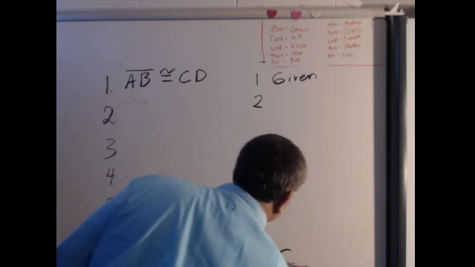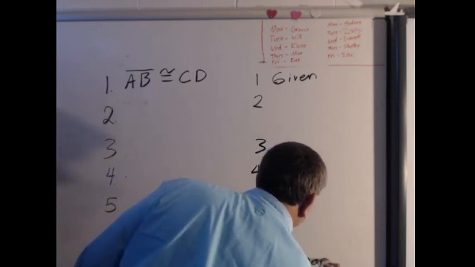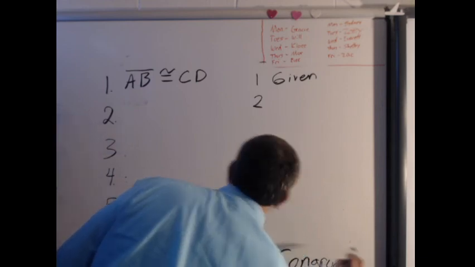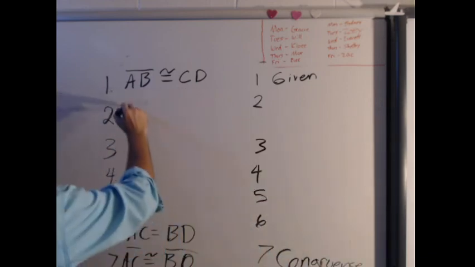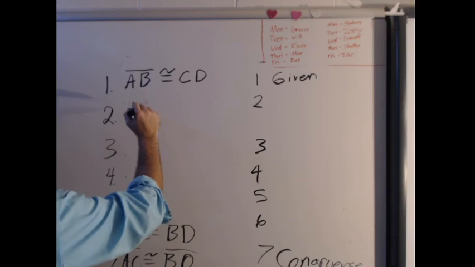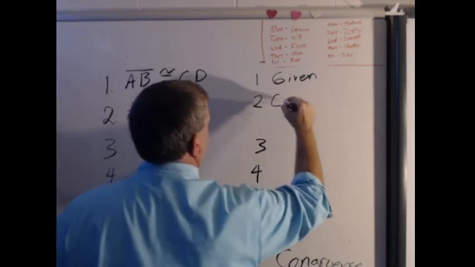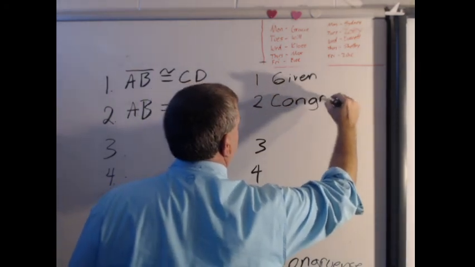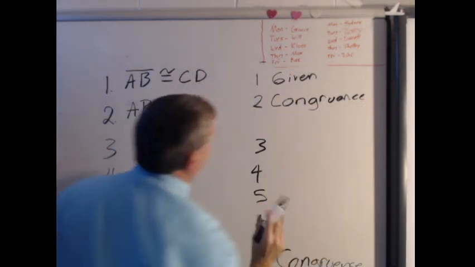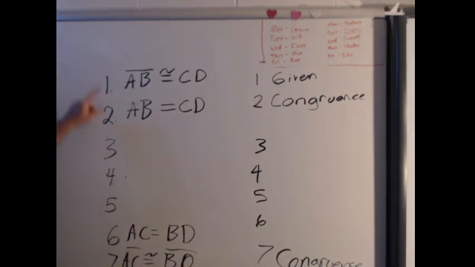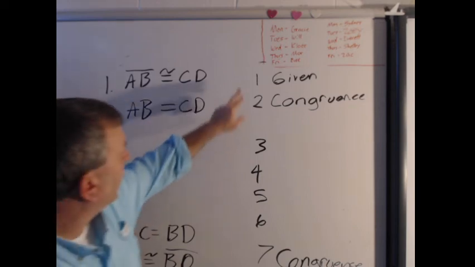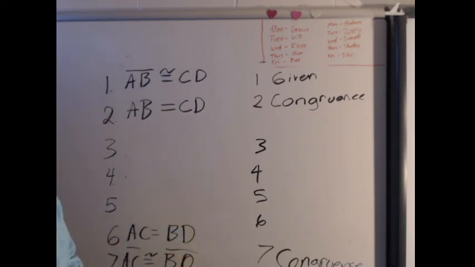So we know that this is congruence. Okay? And then when we've always been given this, we always know that the next step is this. And that's based on congruence. Okay? So before we even start, we already have 4 statements, and we have 3 reasons. Okay, so now we just got to go from here to here.